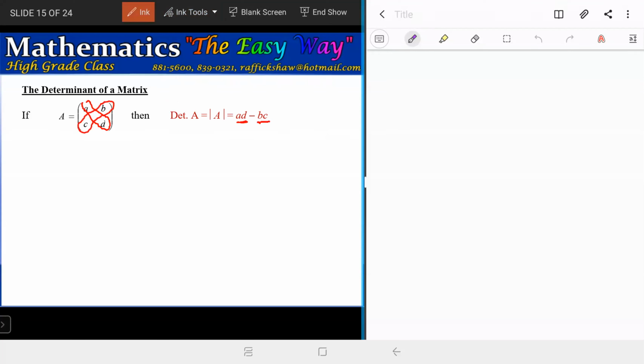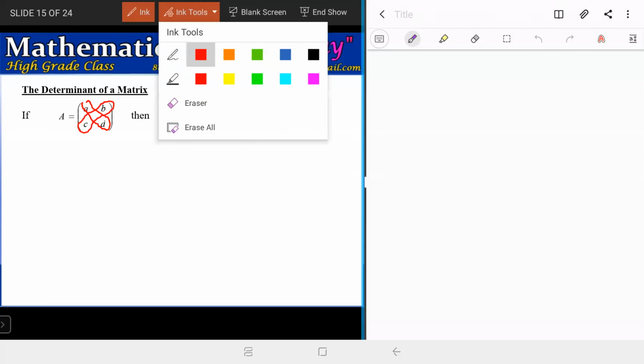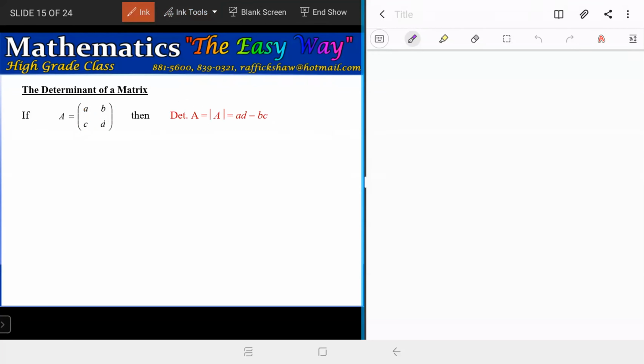So it's the leading diagonal product minus the following diagonal product. I might say the first diagonal product minus the second diagonal product. This is the first diagonal right here, and this is the second diagonal. That is how you get the determinant.